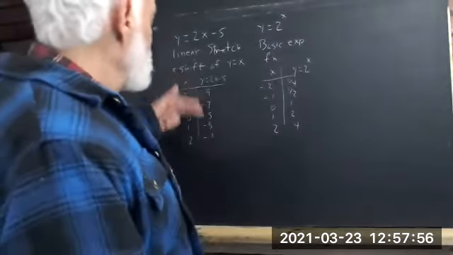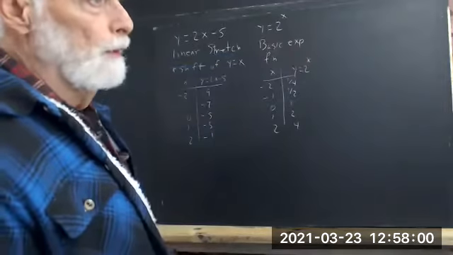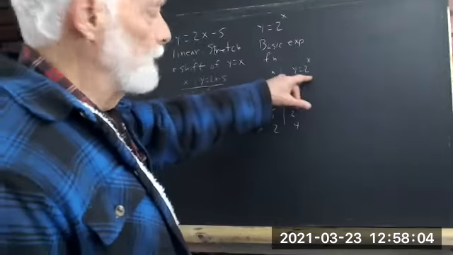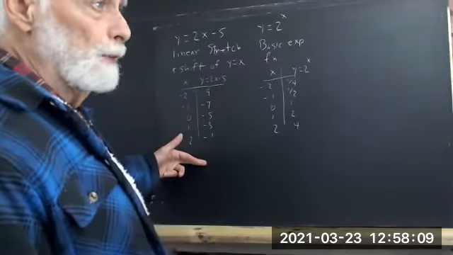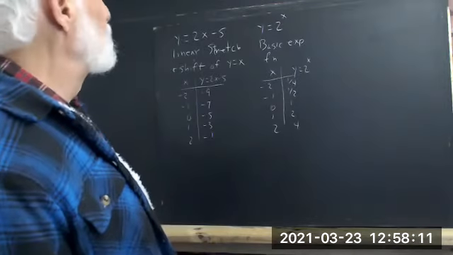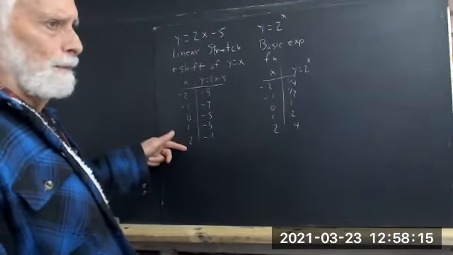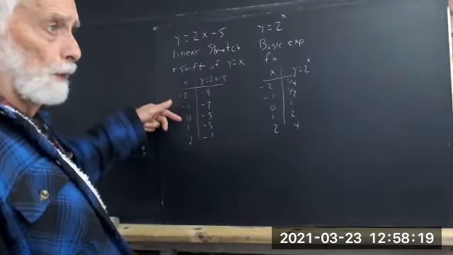Okay, now let's look at these tables. If I just gave you these 2 tables, you might well recognize this one as your table for the basic exponential function, but you wouldn't necessarily recognize this one. Now, hopefully you would see, if you just look at these numbers, that these numbers just change by 1. Okay, -2, add 1, you get this, add 1, you get this.